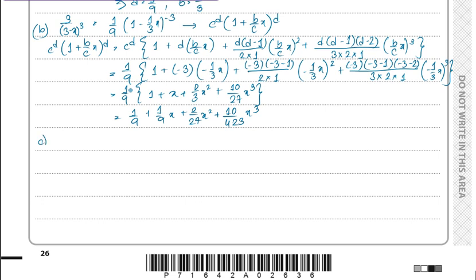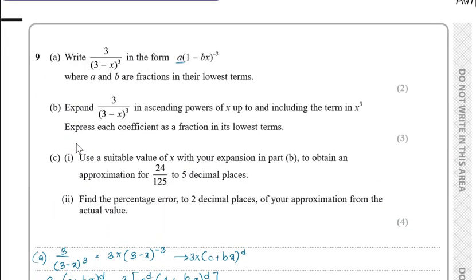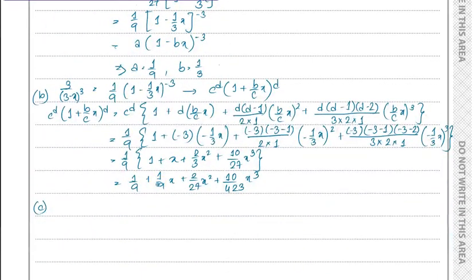To do that we will assume that 3 by 3 minus x whole cube will be equal to 24 by 125. They both are fractions, so we can assume these two will be equal, and then we have to find the value of x for which 3 by 3 minus x to the power 3 would become 24 by 125.